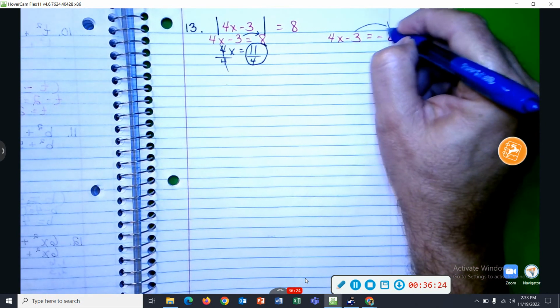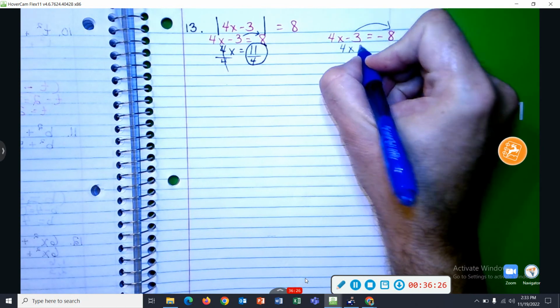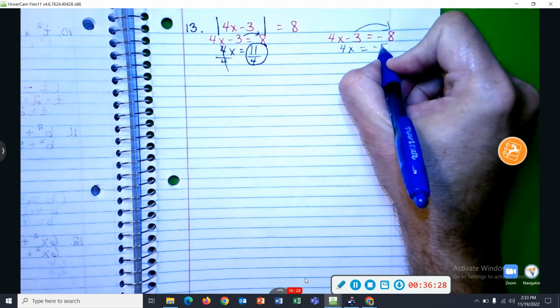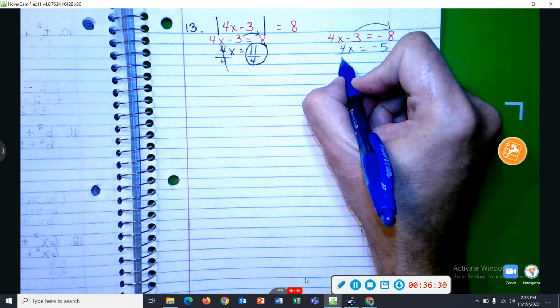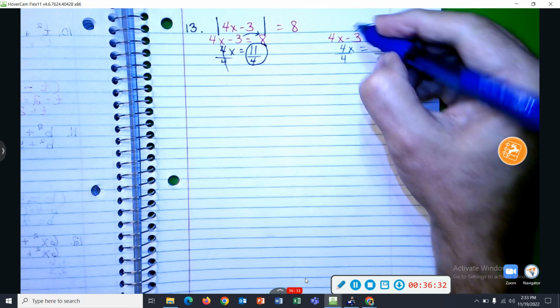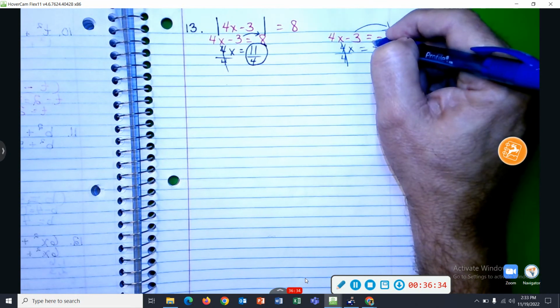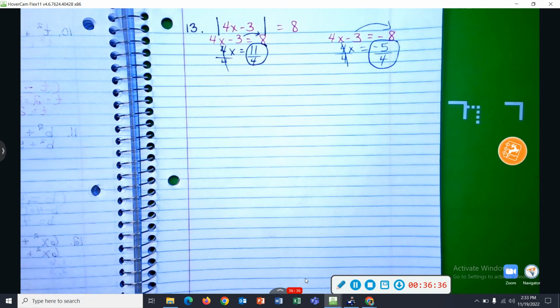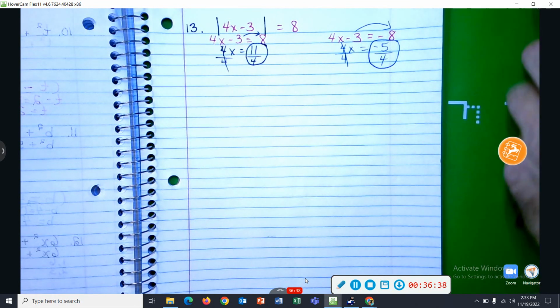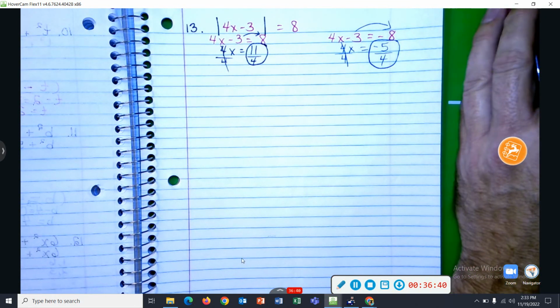Move the 3 over, so we have 4x equals, is that going to be a negative 5? And then divide by 4 to get a negative 5 over 4 and a positive 11 over 4.